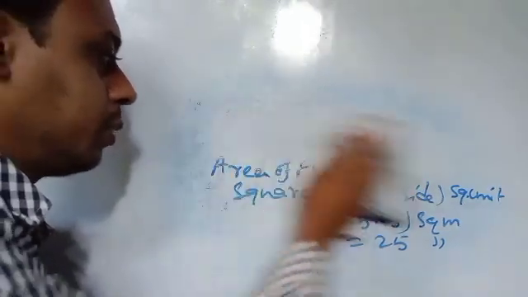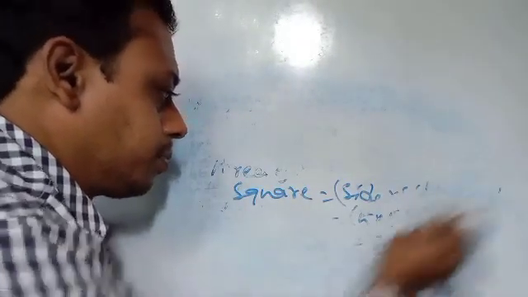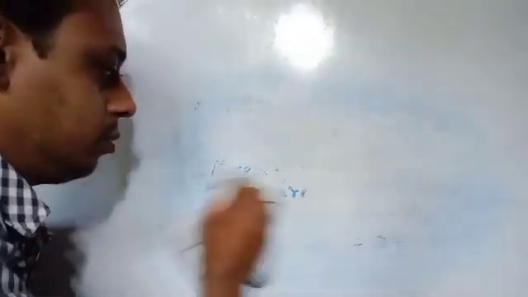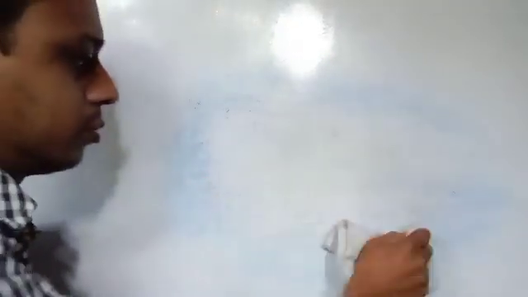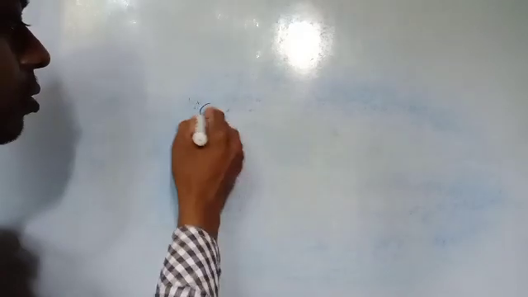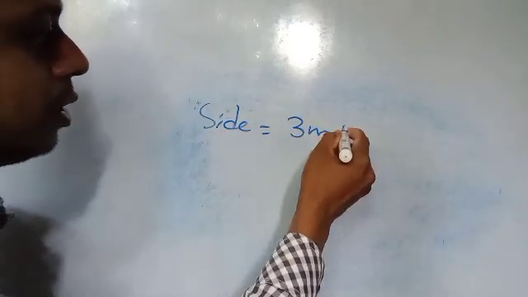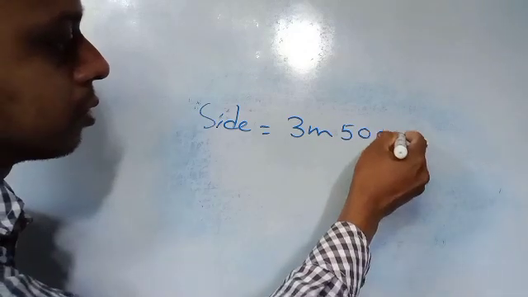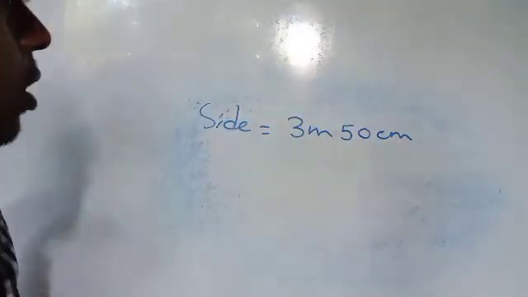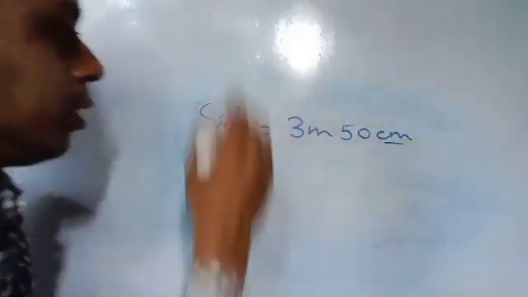But if it is given like this, suppose side is equal to 3 meter 50 centimeter. This one is the side. Then the lower unit here is centimeter.